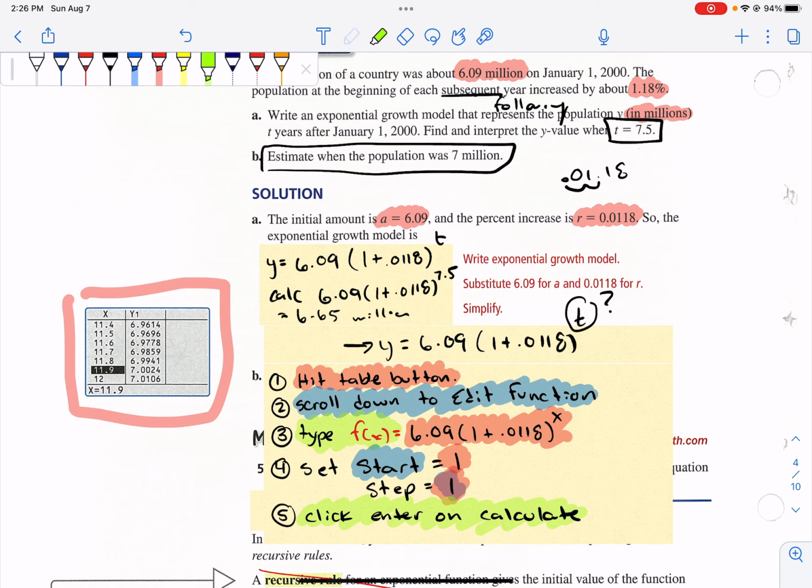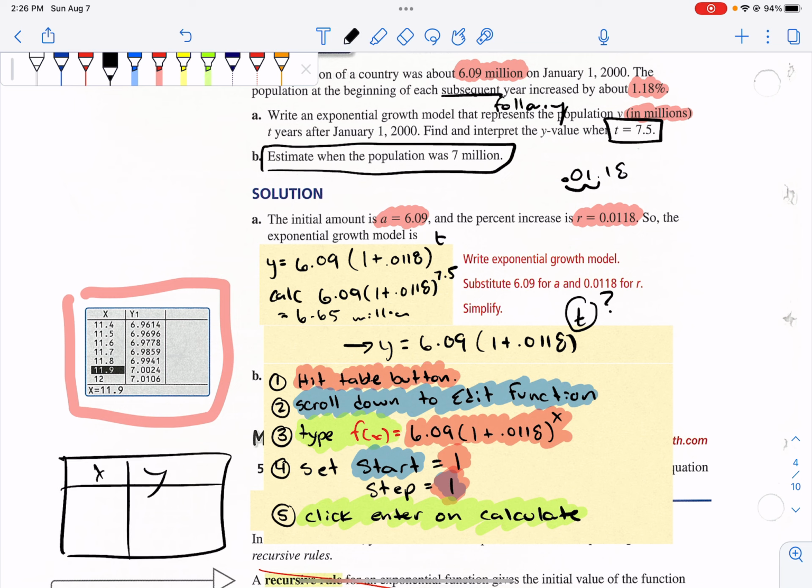When you get to the table, you're going to see something like this, X, Y, and it's going to start at 1, and it's going to give you values right here. We want our population to be 7 million. So you are looking for this number on the right to become 7 million. Well, technically 7.0, right?